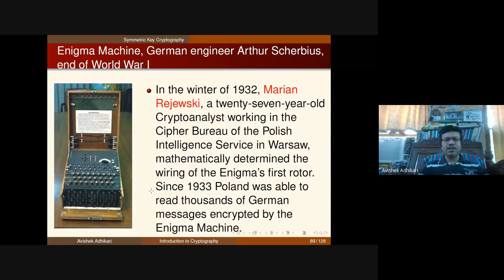It is considered to be one of the reasons why the war actually ended a little earlier, because of this attack on the Enigma machine. So these kinds of scenarios are very important from a war viewpoint, where if some of the machines are broken, then the complete attacking system of the soldiers could be destroyed. As a result, you may get some extra advantages.